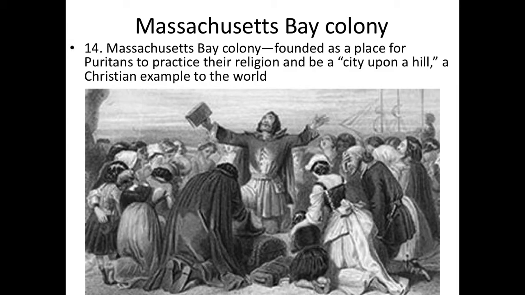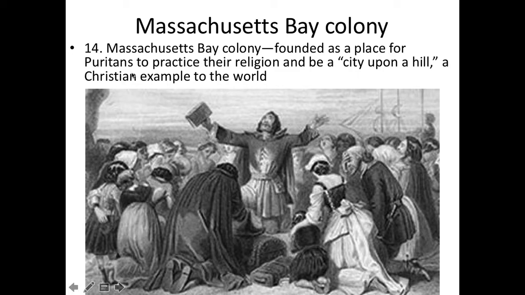So, another colony in New England, we talked about the Plymouth colony earlier, is the Massachusetts Bay Colony. Like the Plymouth colony, the Massachusetts Bay Colony is going to be founded for religious reasons. Unlike the people in Jamestown and in the other southern colonies, they were not really interested in making a lot of money. They came over so they could purify the Church of England, and that's how they got their name, the Puritans.